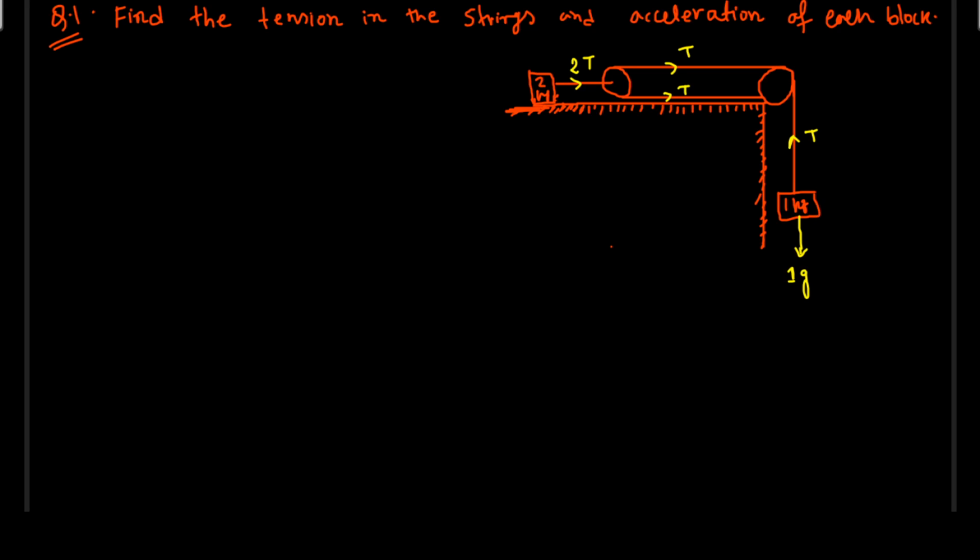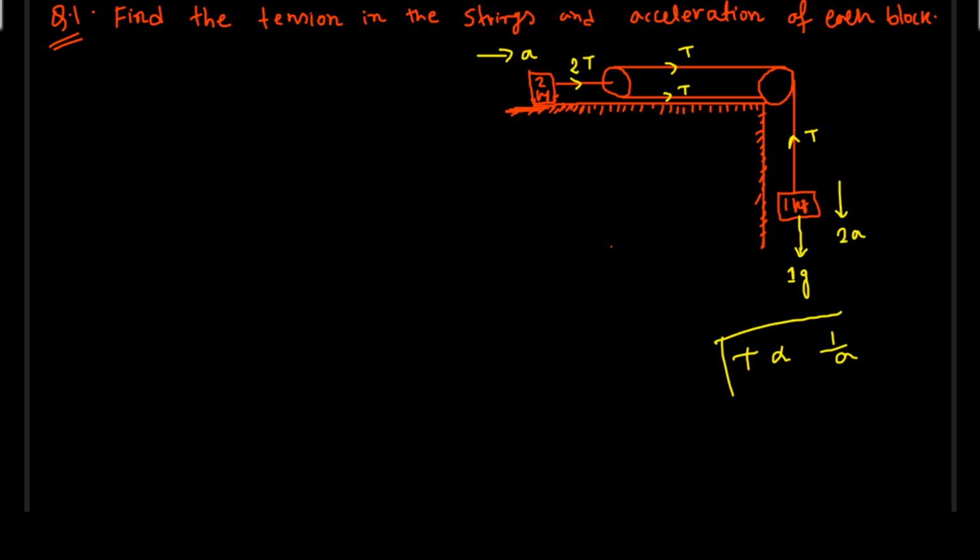Now if we take the acceleration of the 2 kg block as A, then the acceleration of the 1 kg block will be 2A. Why this is so, we discussed in the previous video: for this kind of mass-pulley constraint, tensional force is inversely proportional to acceleration.